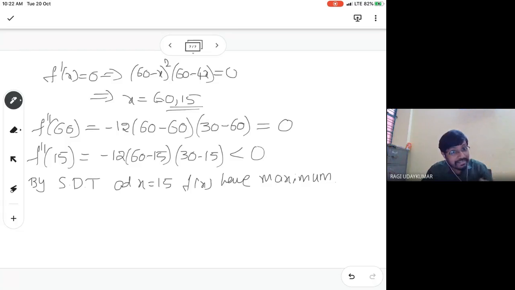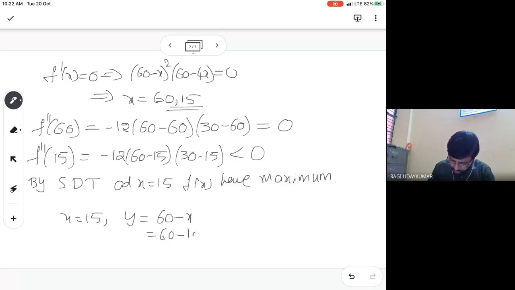We have to find the x and y values. x is equal to 15, therefore y is equal to 60 minus x, so 60 minus 15, 45. So x is equal to 15 and y is equal to 45. At these places the function x y cube will be the maximum.